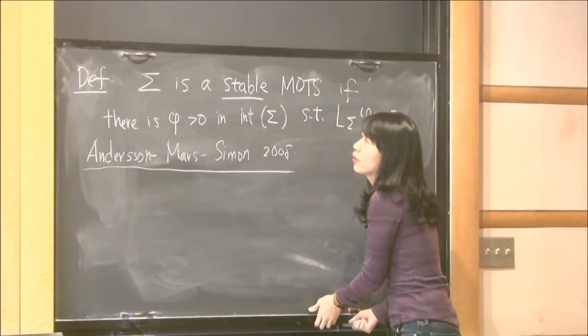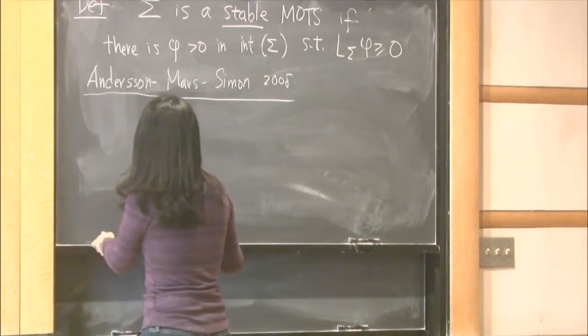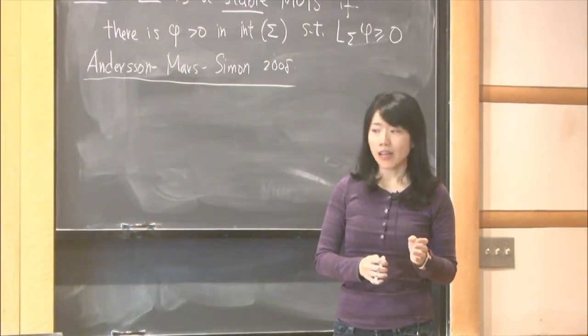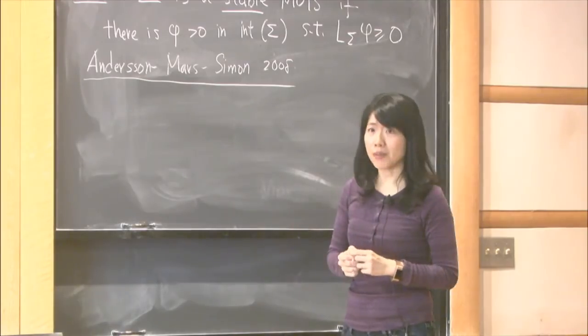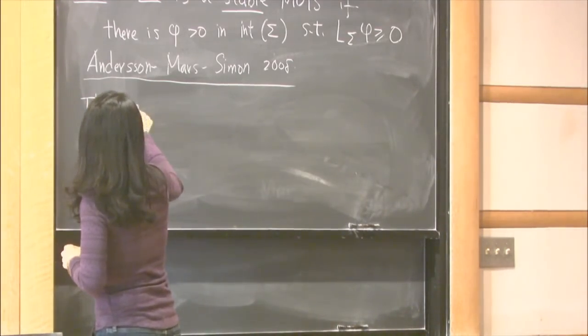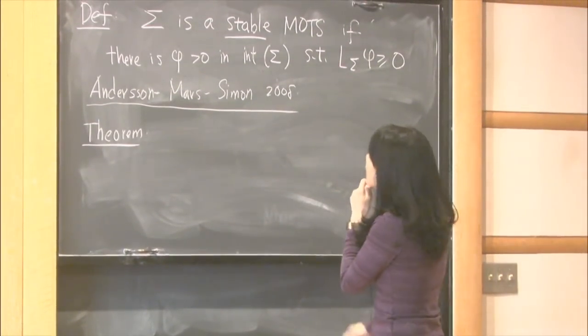So this is a very important observation: the stability plays a very similar role as the stability in minimal surfaces. So this is one important example of how similar it is to minimal surfaces.